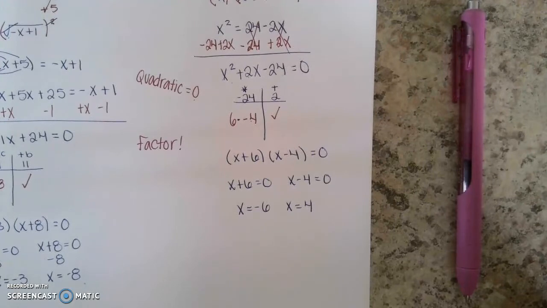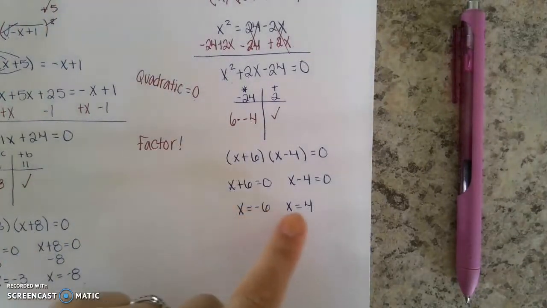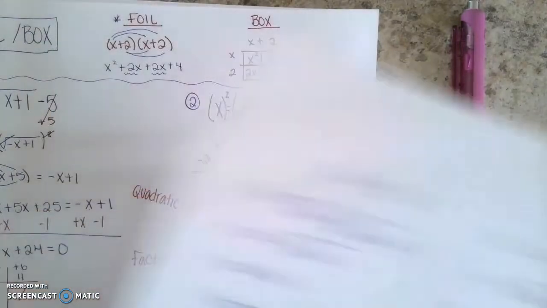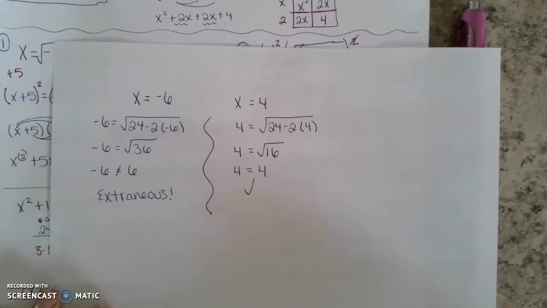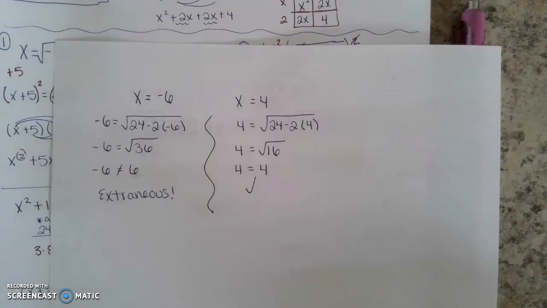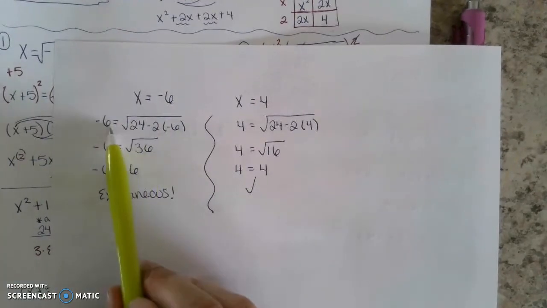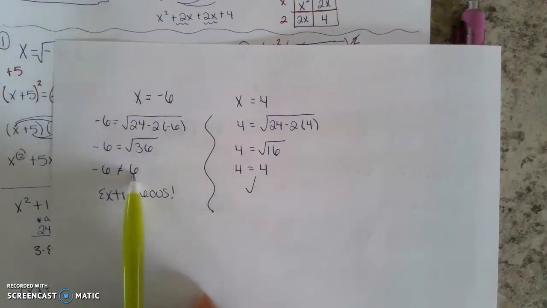Again, we need to check our answer, make sure that we see if any of our solutions are extraneous. So we want to take these two answers, go back to our original equation and plug them in for x. And again, to save time, I did this already for us. So when we plug in negative 6, when we simplify this, we get to the end and it says negative 6 equals 6.